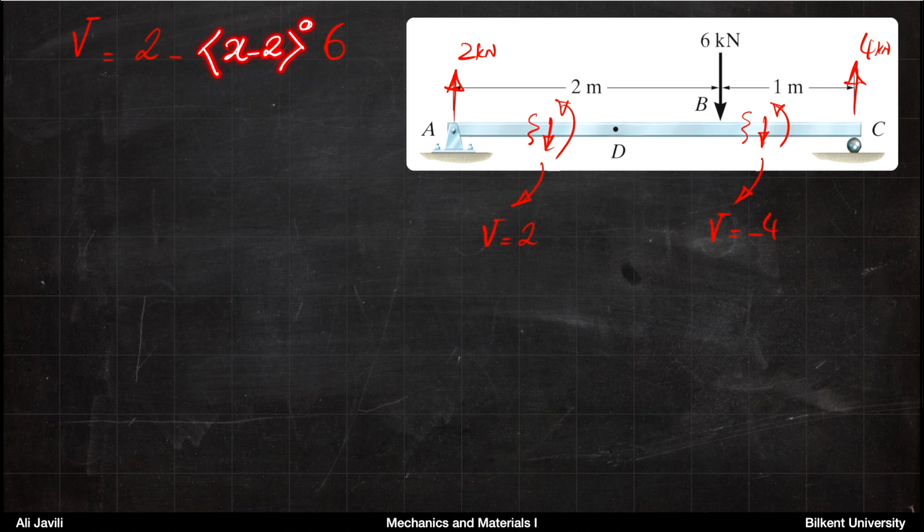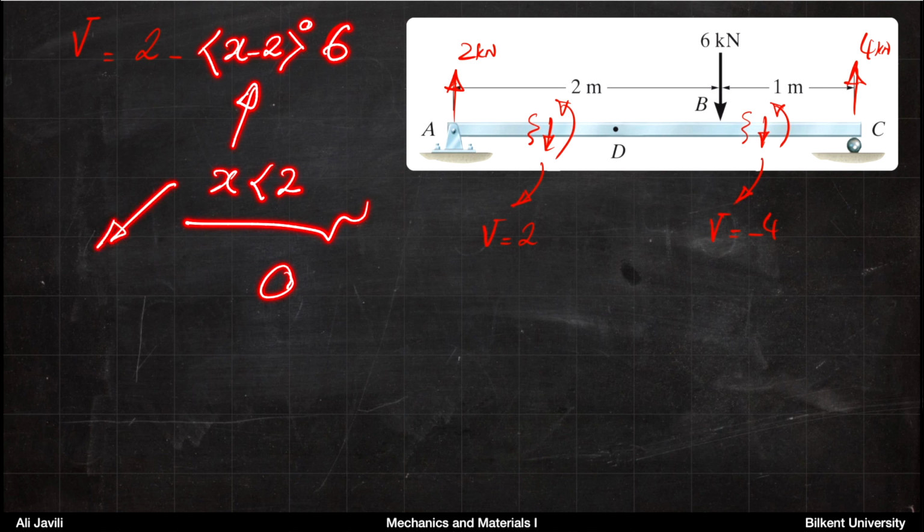These Macaulay brackets tell you that if x is less than 2, you just get 0 from the second part. So if x is less than 2, the shear force would simply be 2, which is perfect.